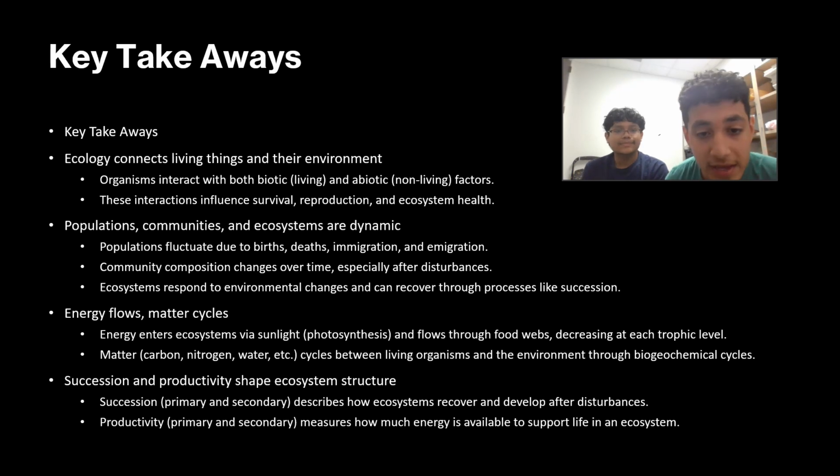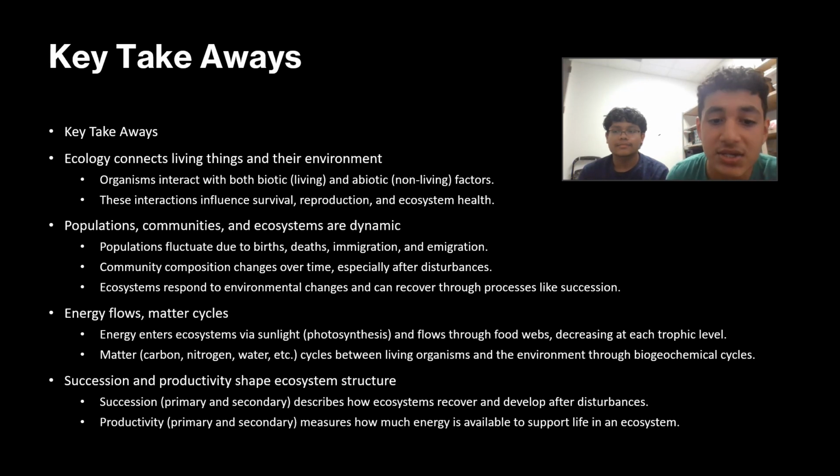We also have energy flow and matter cycles. Energy enters ecosystems via sunlight through photosynthesizers, which only get 1% of solar energy, to remember, and flows through food webs, decreasing at each trophic level by 90%, so only 10% gets passed. There's also matter, which is carbon, nitrogen, water, and etc., cycling between living organisms and the environment through biogeochemical cycles.